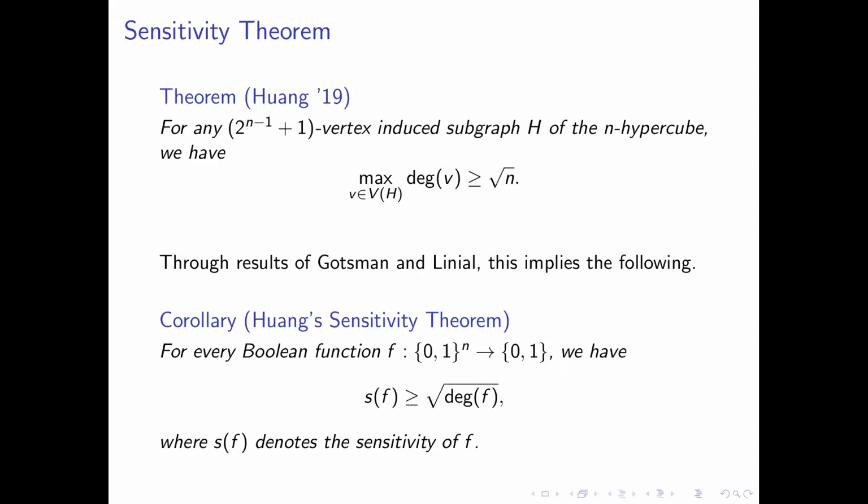Hopefully by the end of today's talk, the algebraic graph theorists among us will have a better appreciation for why the computer scientists like this corollary to Huang's result. Let that be a goal for this talk.